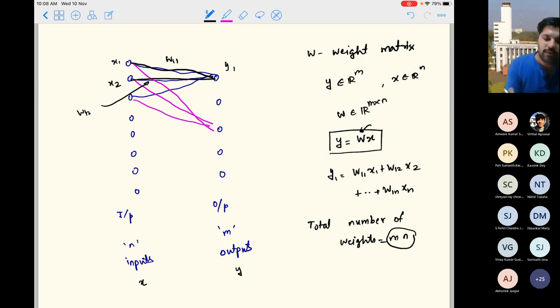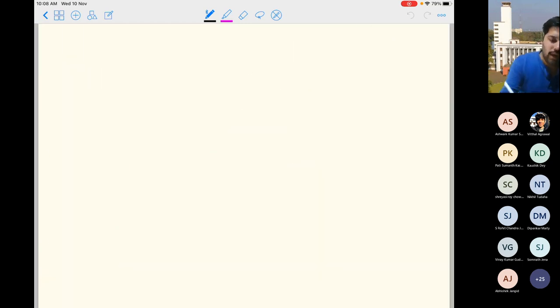But what I will do is the following. So this is a fully connected layer that I have. Now I have these n inputs sitting over here. x is the input vector, in Rn.